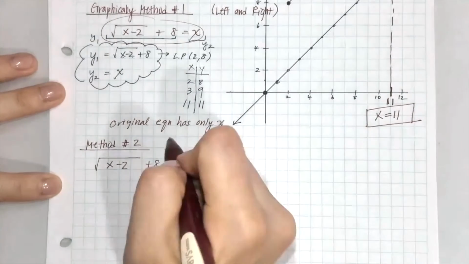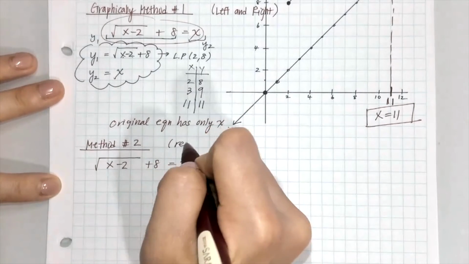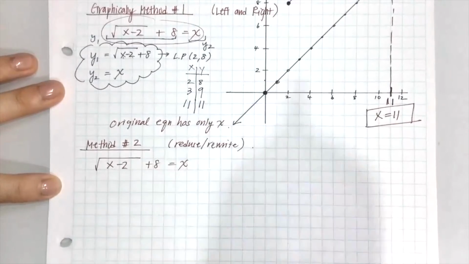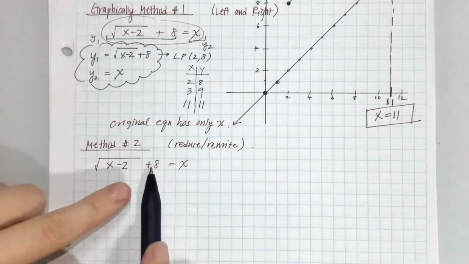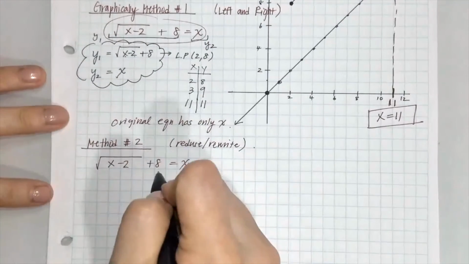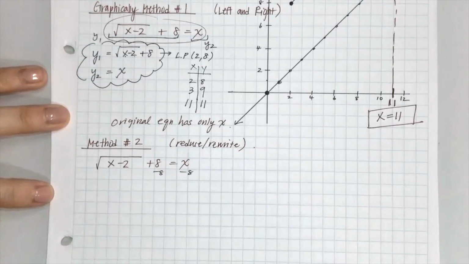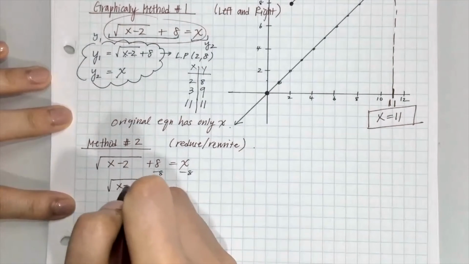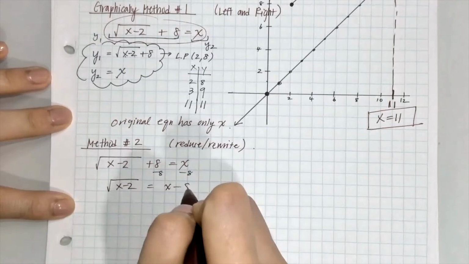Method number 2 is by reducing the equation or rewriting it. What I'm going to do is just move over the 8. So then on the left side, I have square root of x minus 2. On the right side, I have x minus 8.